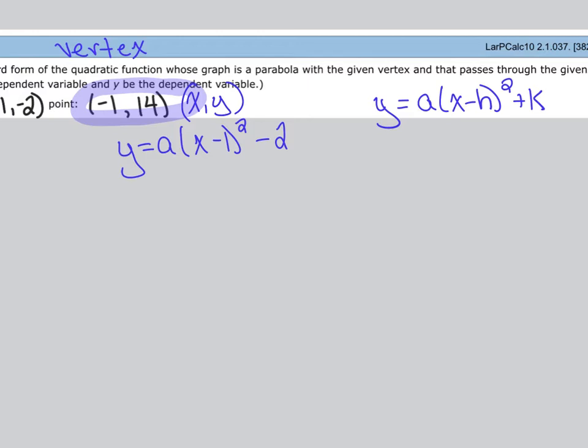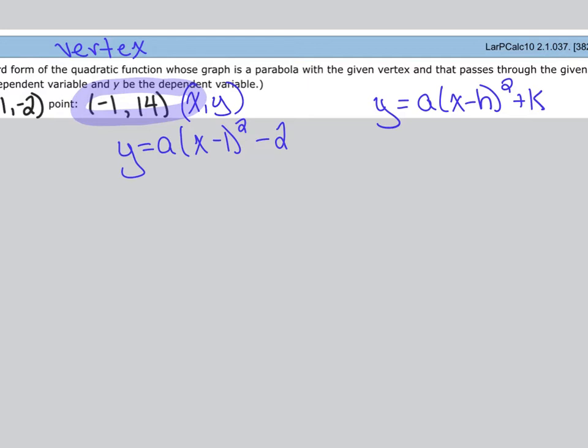Okay. Students very often plug that vertex in without any problem. They plug the 1 in for H, the -2 in for K. Sometimes then they don't know what to do with that X and that Y. How do I find out my A value?